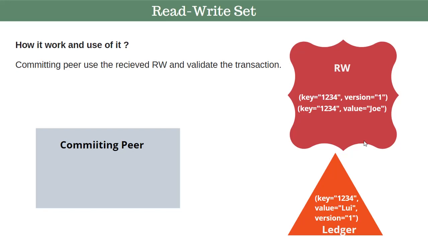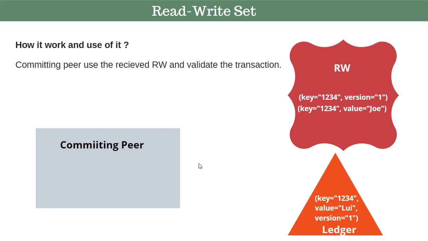First, the validation of your transaction, and second, it will help you to avoid double spending. When we talk about validation, till now we have understood that whenever a transaction is initiated from the client, it goes to the endorsing peer, and this is where this read and write set get created. Finally, when this transaction goes to the ordering service, the ordering service will send the transaction to your committing peer, which finally commits your transaction, right?